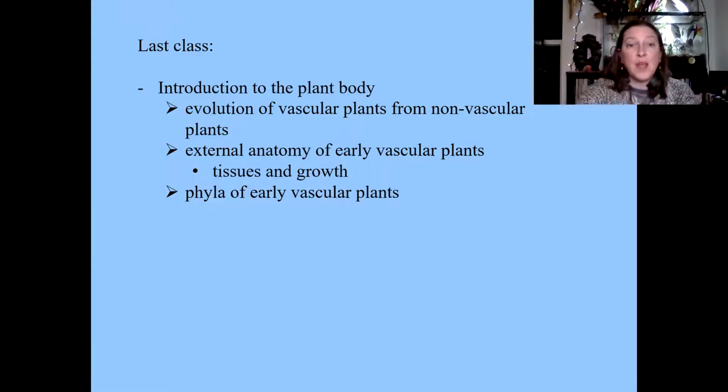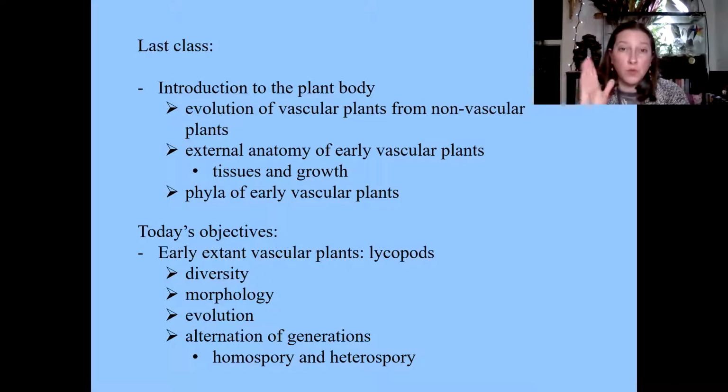Then we talked about some phyla of these early vascular plants, lycopods and horsetails, briefly and generally. Today we're going to talk in more detail about lycopods: their diversity, their morphology, some of their evolutionary steps, and then a new concept to add into our idea of alternation of generations, the terms homospore and heterospore, which we'll talk about later in today's class.